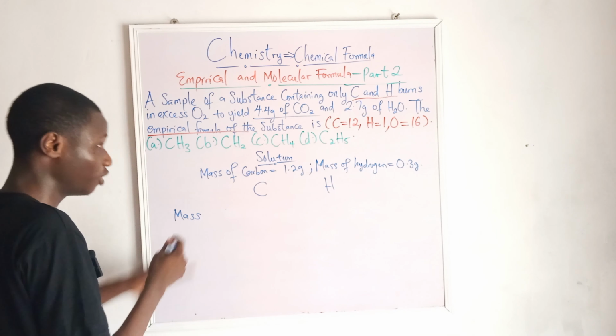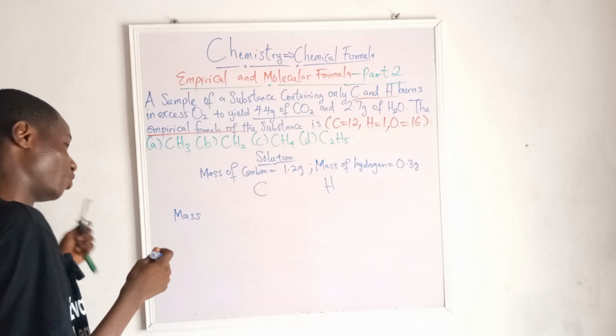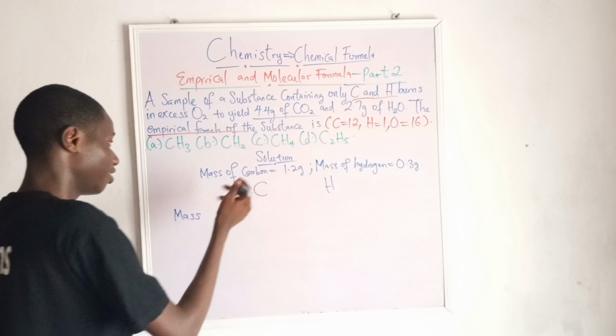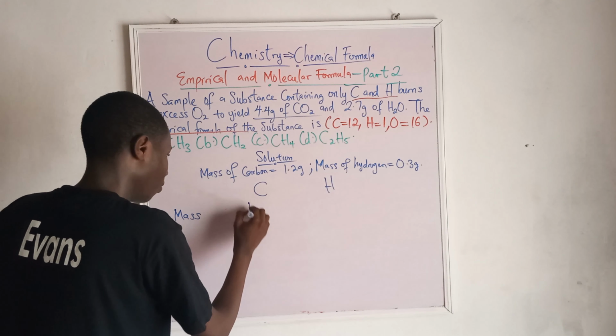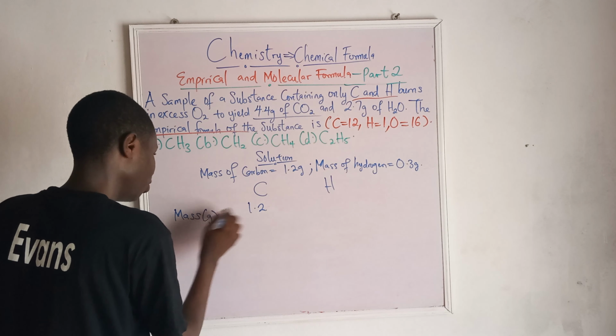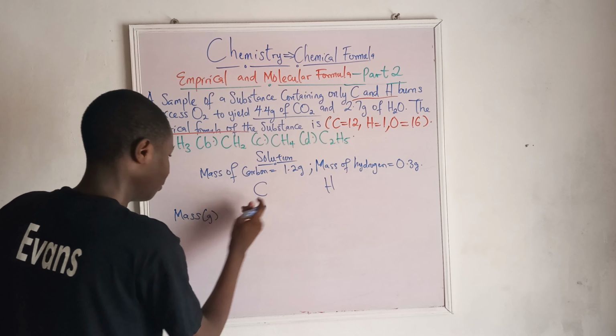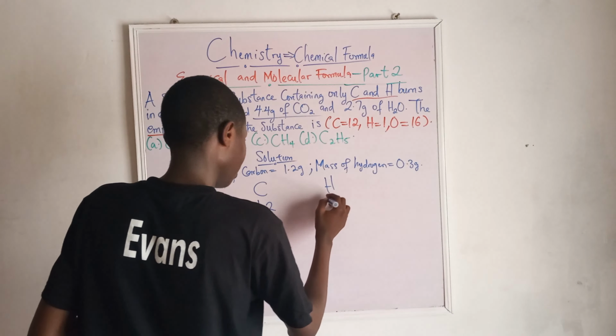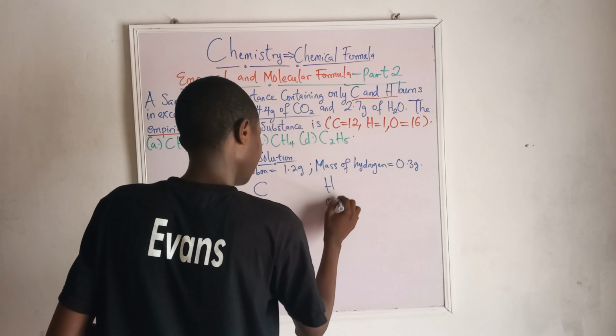Do you understand? So even if they don't give it to you the first way, you already know how to do it now. So the mass for carbon is 1.2. Let's say our mass is in gram, so I don't need to write it here again. Mass of hydrogen is 0.3.